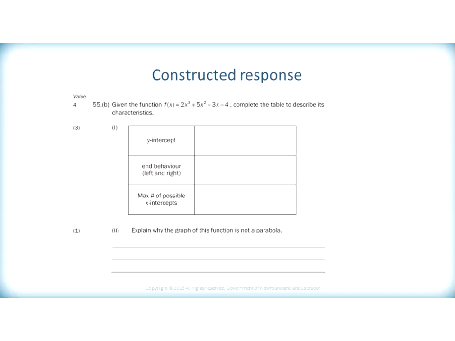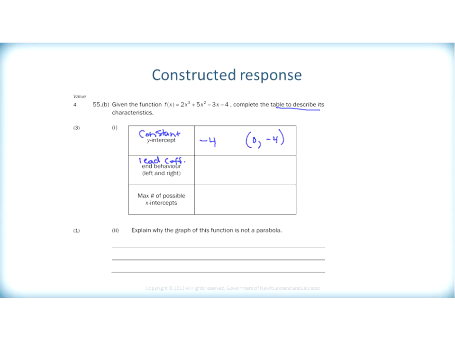Given the function f of x equals 2x to the power 3 plus 5x squared subtract 3x subtract 4, complete the table to describe the characteristics. The y-intercept, which is given to us by the constant of the equation. In this case, the y-intercept is -4, or the point (0, -4). The end behavior, which is given to us by the leading coefficient.